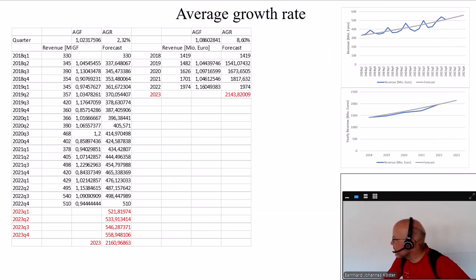Well, and producing such tables and such nice little diagrams, this was my task for about 5-10 years. Analyzing any market. When I worked for the Handelsblatt, we were experts for almost everything.